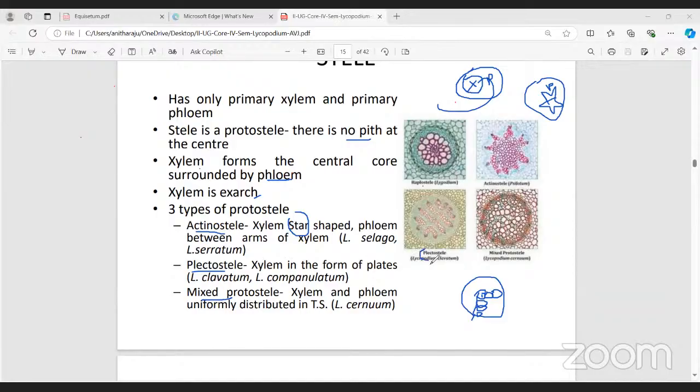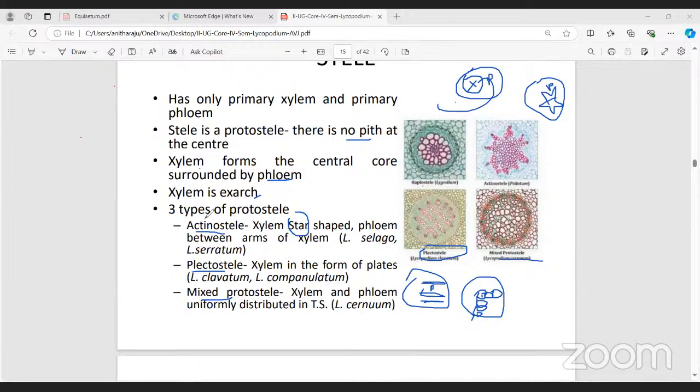If you make a section and see under the microscope, the steles appear like this: xylem, next xylem, next xylem, and in between, phloem cells are present. So this is plectostele. And mixed means we don't know where the xylem and phloem are; they are irregularly mixed like this. This is the mixed protostele.